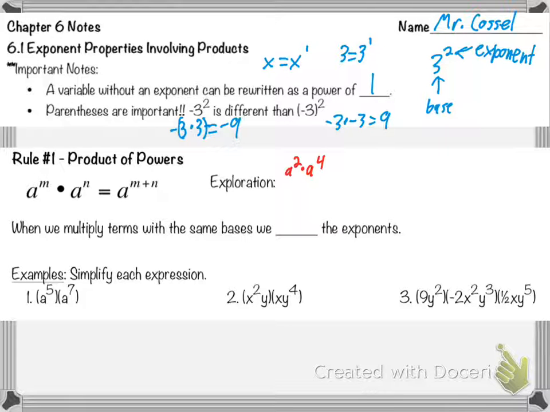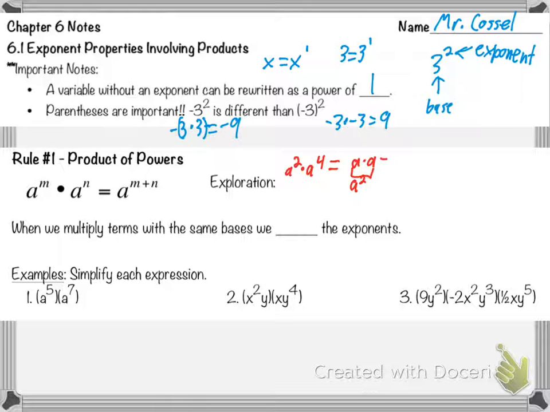Go ahead and write down there a squared times a to the fourth. That's the same thing as, well, a squared is how many a's being multiplied together? 2. So it's the same thing as a times a. A times a is the same thing as a squared. I do want you to write this.